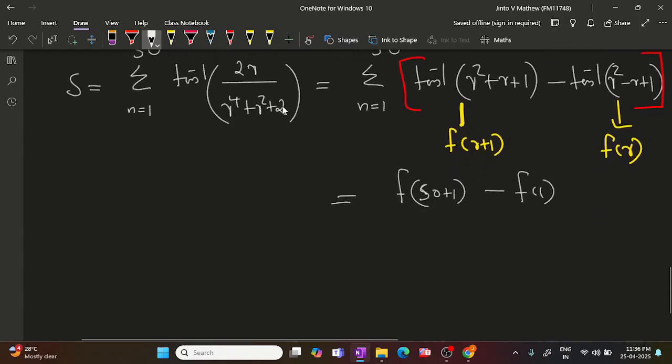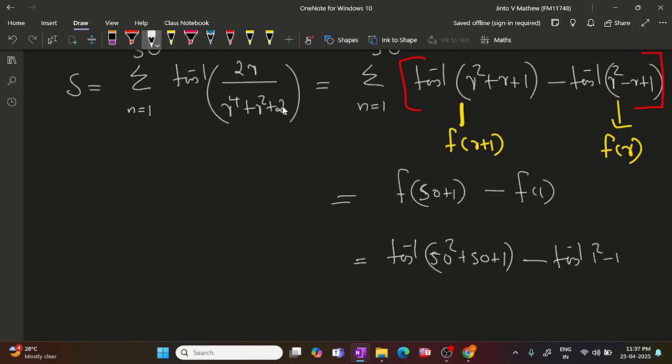What is f of 50 plus 1? We have to substitute r equal to 50 in f of r plus 1. It is going to be tan inverse 50 square plus 50 plus 1. We substitute r equal to 1 in f of r. It is going to be tan inverse 1 square minus 1 plus 1.